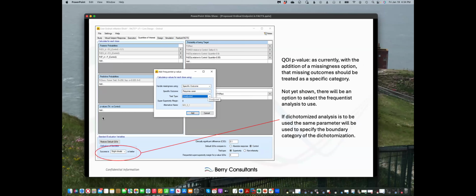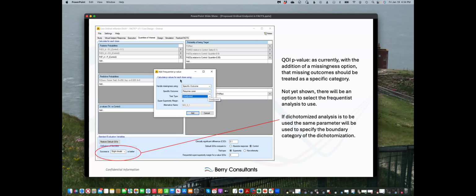So now we have the p-value QIs. These appear as p-values do currently. You select how you're going to handle missingness, whether you're going to adjust the p-value with a Bonferroni or a Dunnett. One of the options for handling missingness is to use a specific outcome as the value to use, in which case you get to specify which that is.